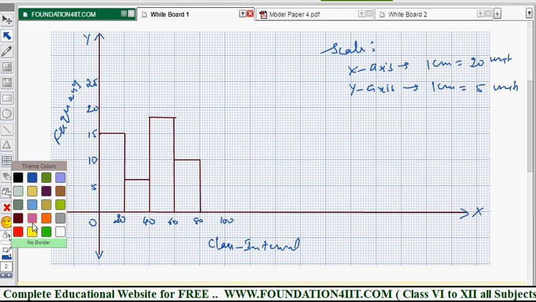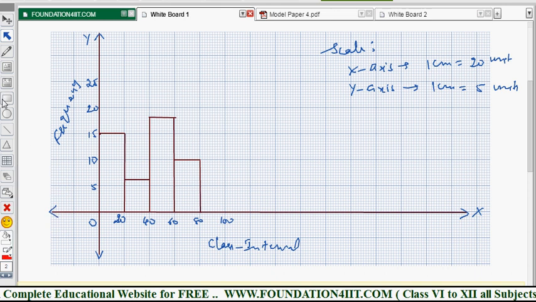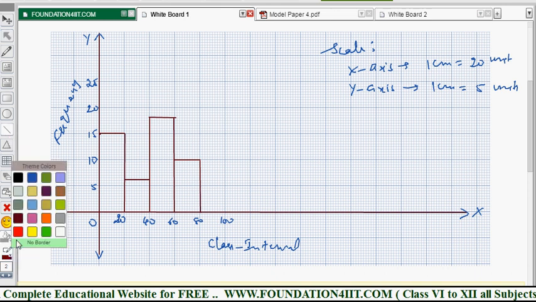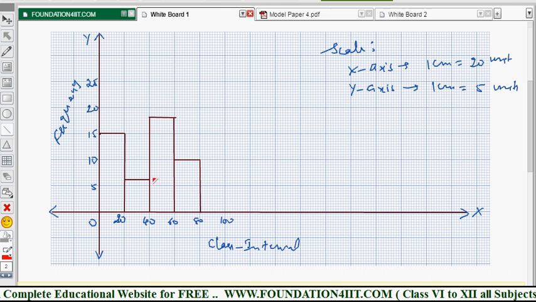The highest frequency bar is 40 to 60. Its lower limit should be joined to the lower limit of the next class interval. Now if you join, there is a common point for both lines. From that point you can draw a straight line down.